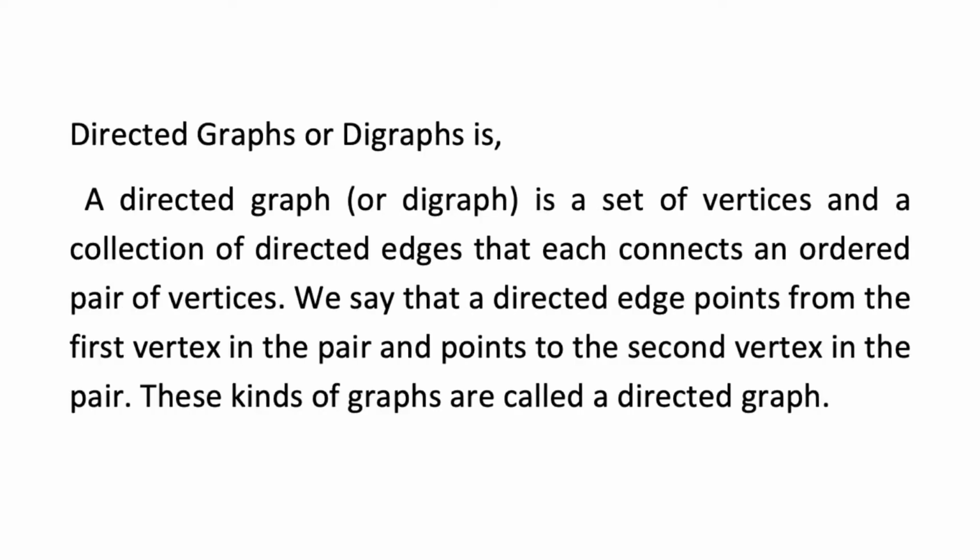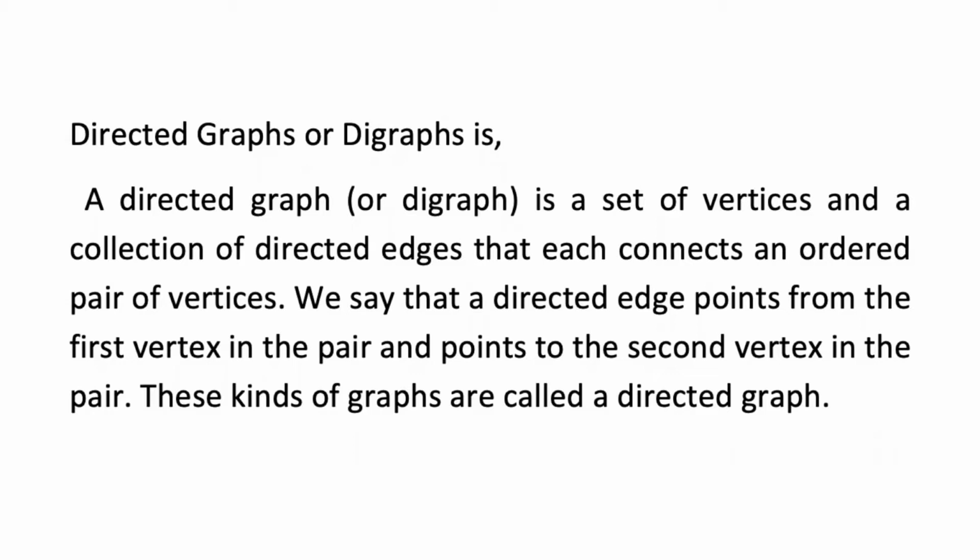In this module, we are going to discuss Bellman-Ford algorithm to find the shortest path in the weighted digraph with negative cost. First, we will recall the definition of digraphs or directed graphs. A directed graph or digraph is a set of vertices and a collection of directed edges that each connects an ordered pair of vertices.